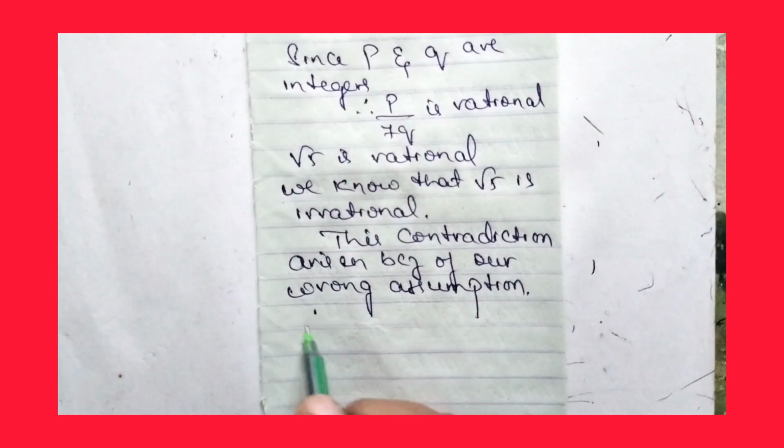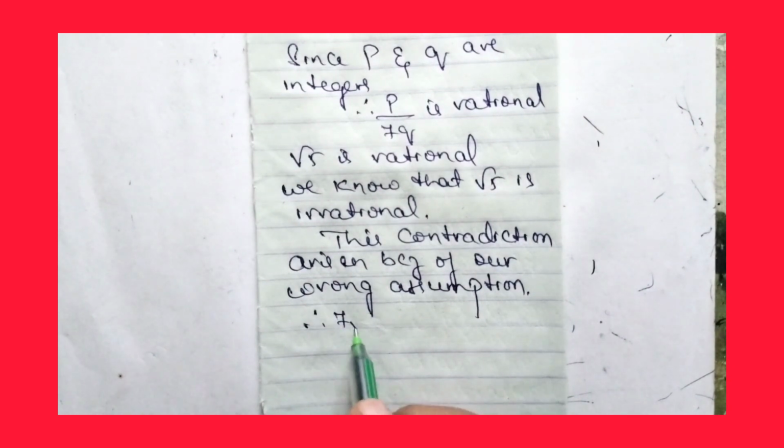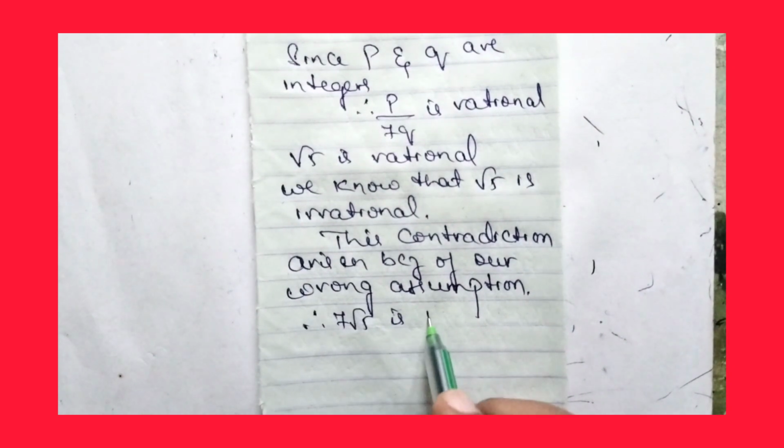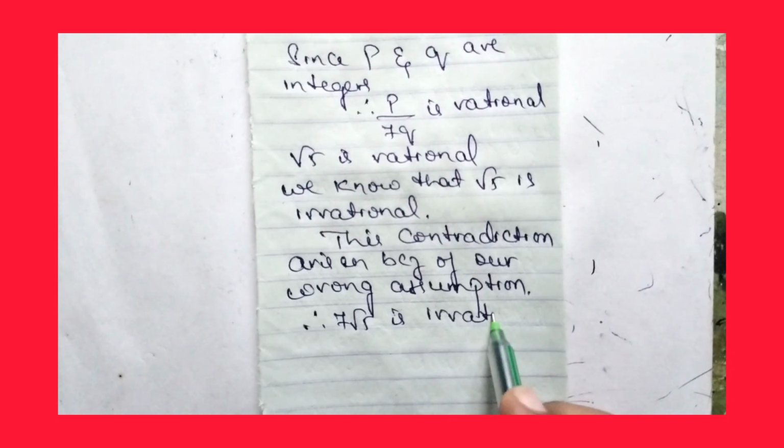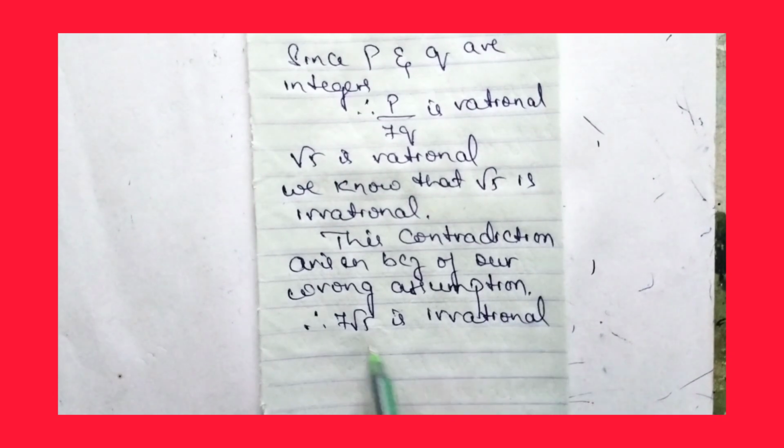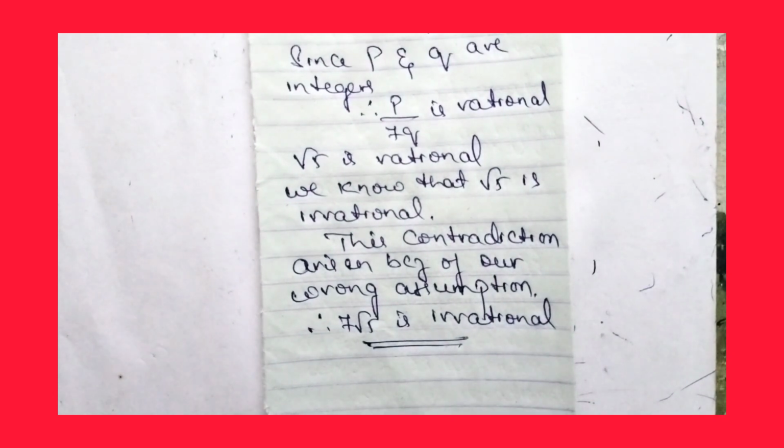Therefore 7 root 5 is irrational. So like this we have to show that 7 root 5 is irrational.